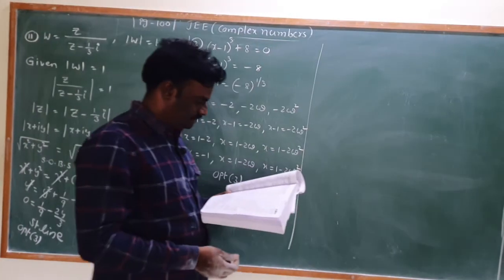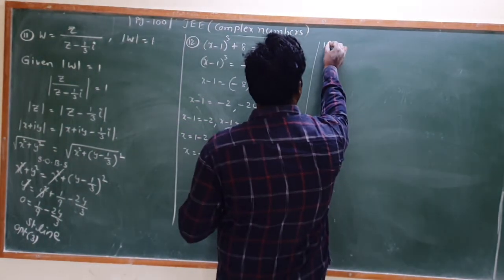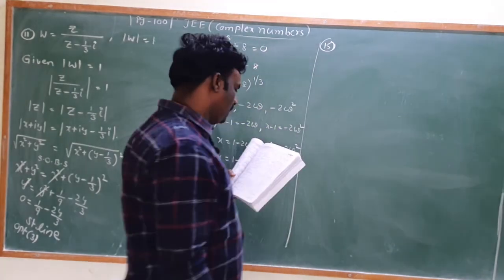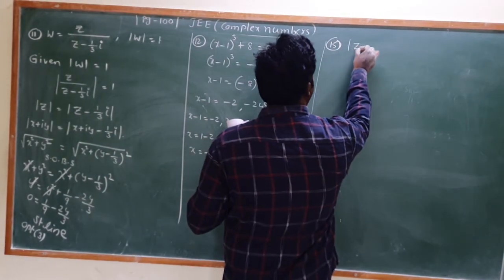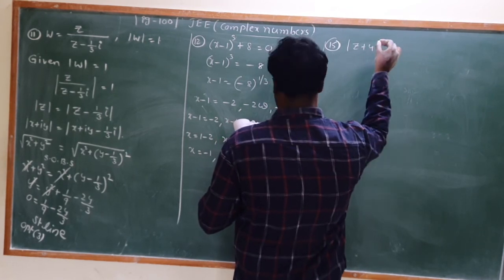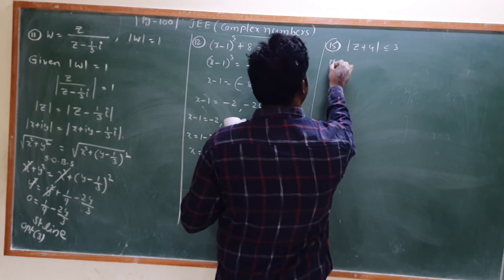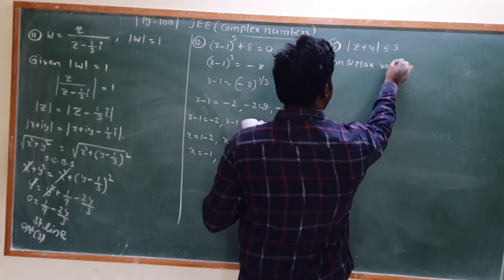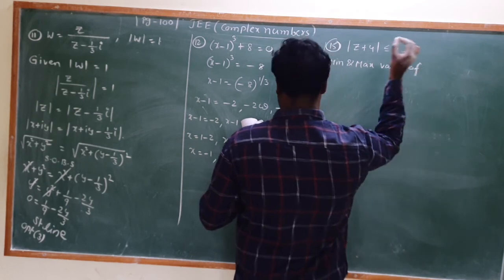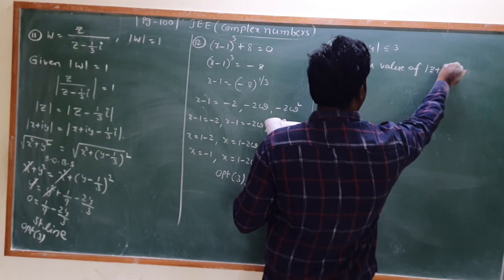Okay, next, we will discuss question number 15. In question number 15, they gave mod z plus 4 is less than or equal to 3, then the minimum and maximum value of z plus 1 we need to find.